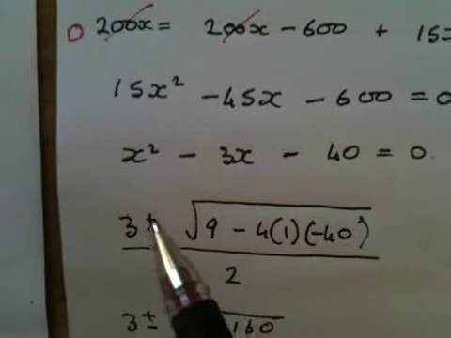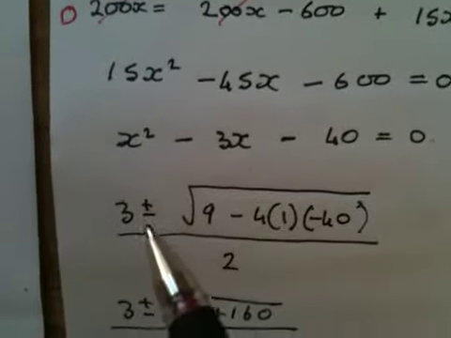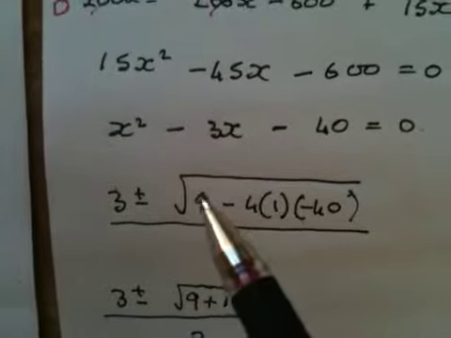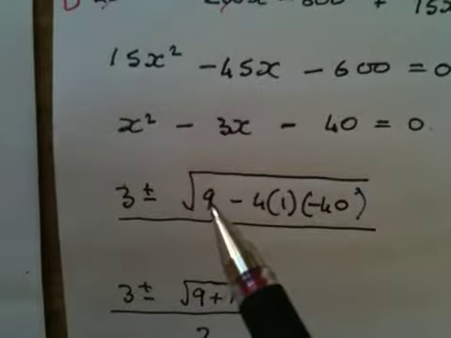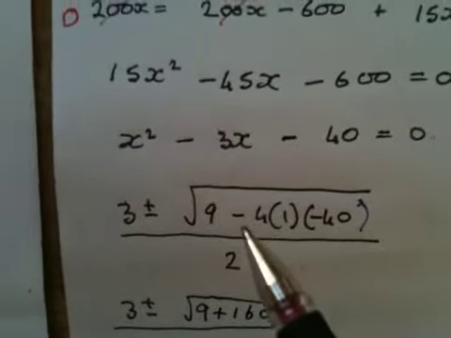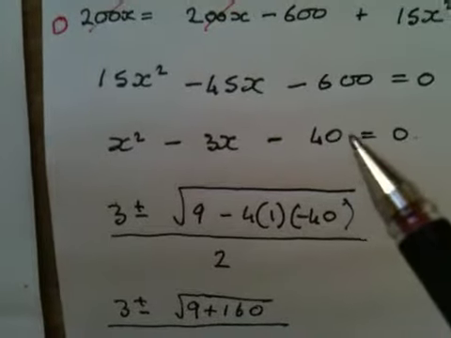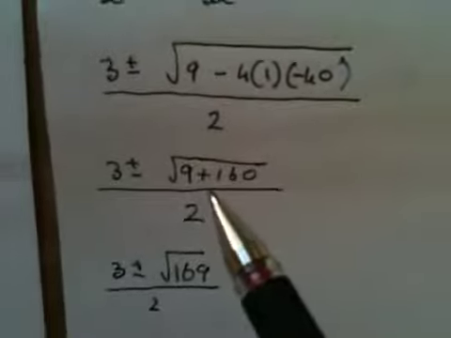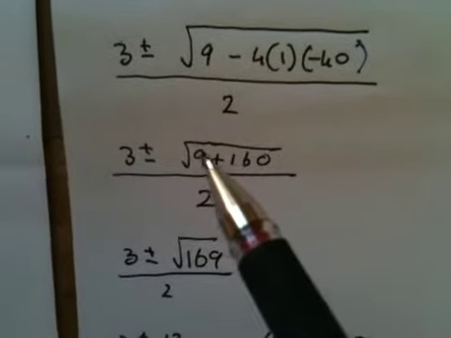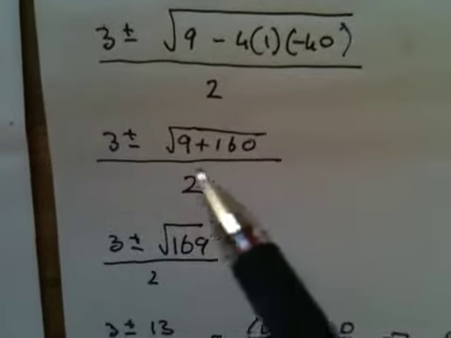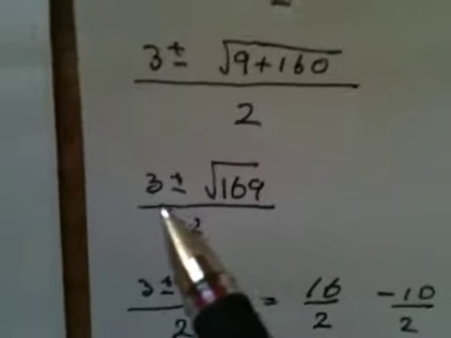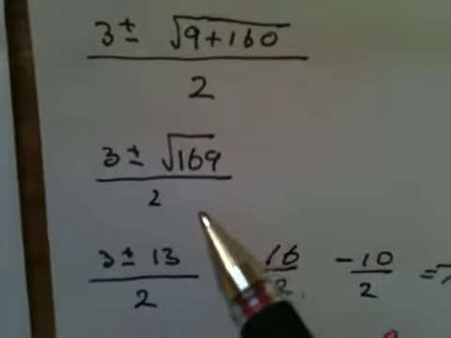So minus b, so minus minus 3 is 3, plus or minus the square root of b squared, minus 3 squared is 9, minus 4 times a is 1, and c is minus 40. Bit of tidying up here. 3 plus or minus the square root of 9 plus 160 all over 2. That's 3 plus or minus the square root of 169 all over 2.